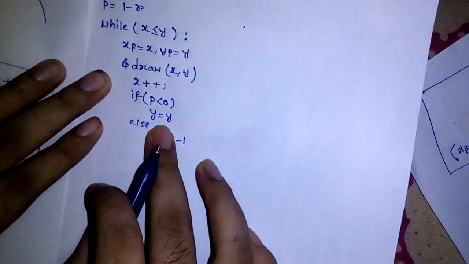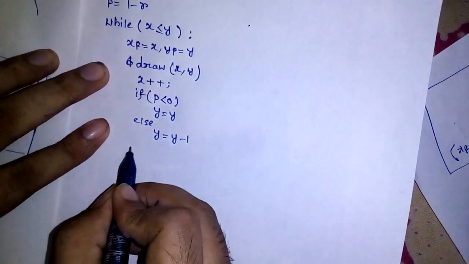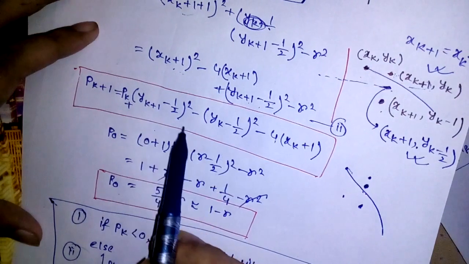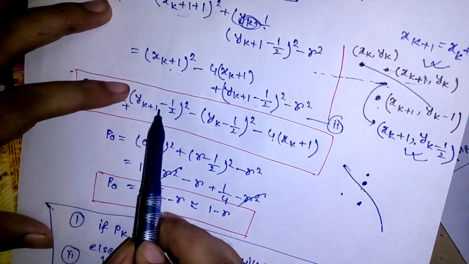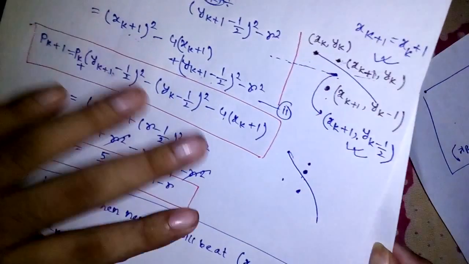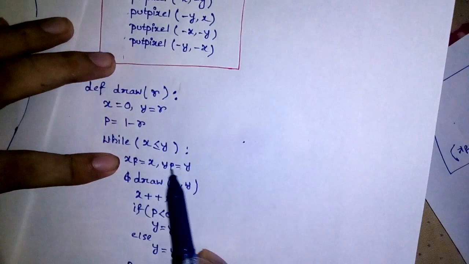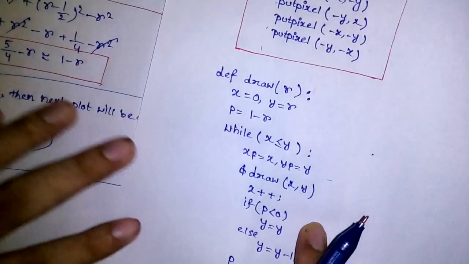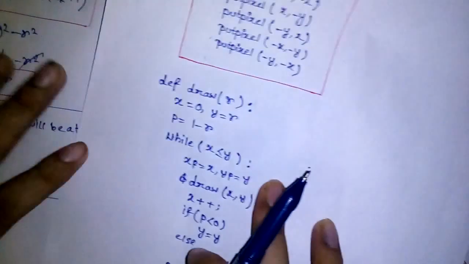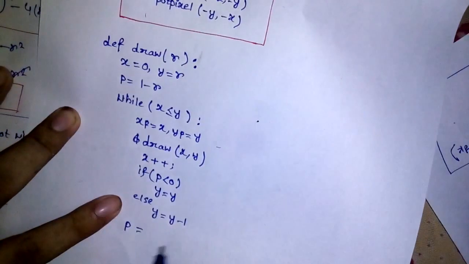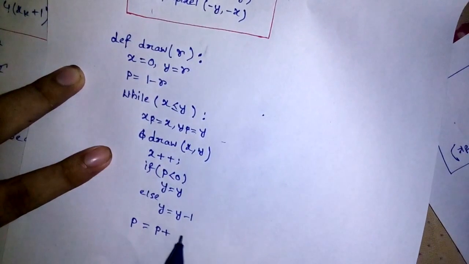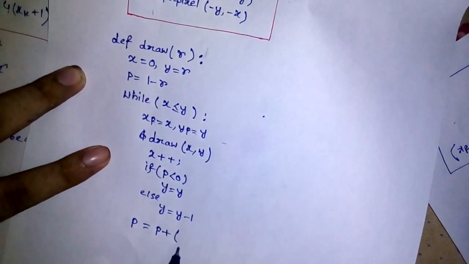Now from this I should compute the next decision parameter. In order to calculate the next decision parameter, you can see that it involves the newly drawn coordinate and the previously drawn one. That's why I have stored the previous coordinate in xp and yp. So let's place them side by side. The next decision parameter will be the previous one plus yk plus 1 minus 1 by 2, squared.